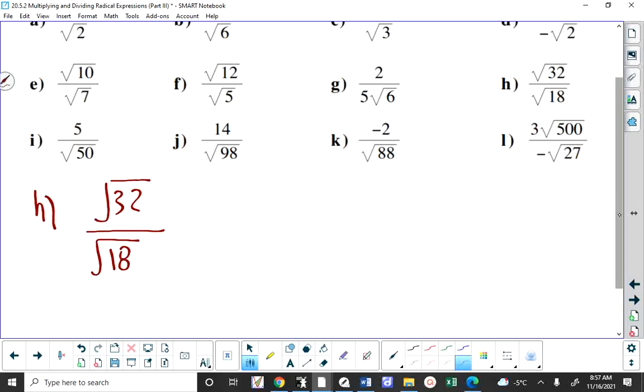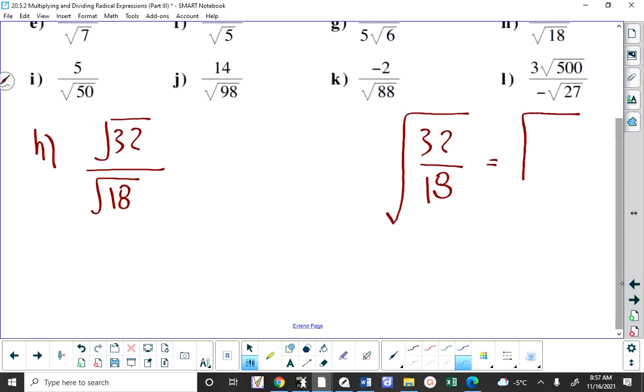Remember, root 32 over root 18 is the square root of 32 over 18. So I can forget about the radicals for a second and just concentrate on 32 over 18. What does 32 over 18 reduce to?